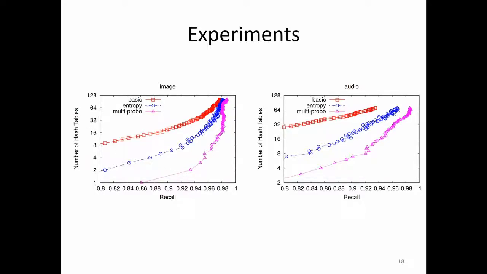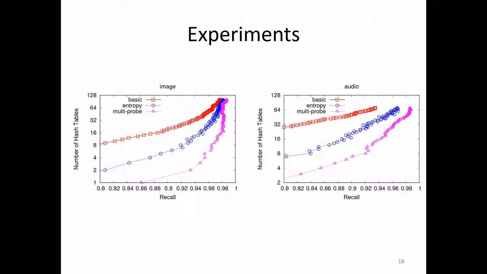Ideally you want 100% recall, and the question is how many hash tables you need to get that particular recall. Basic LSH, even to get a recall of something like 0.8, so you get 80% of the points, requires 8 hash tables in this example, and in this audio example it requires something like 32 hash tables.